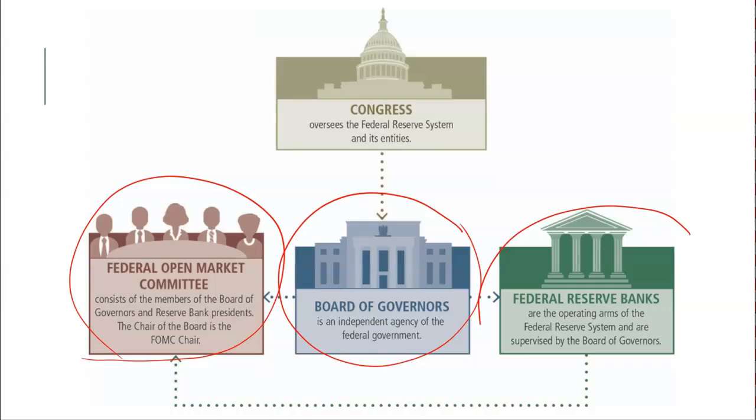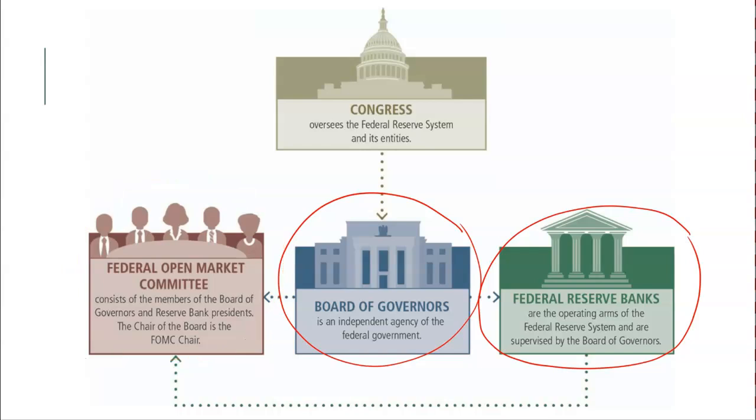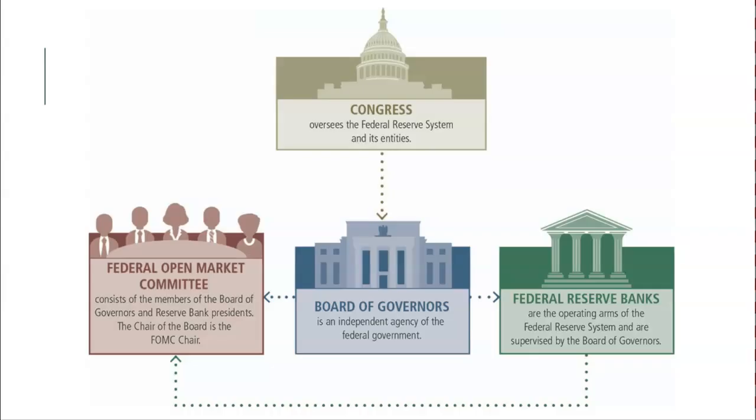And then the Federal Reserve Banks, the individual regions, they have their own main bank. It's the operating arm of the Federal Reserve System. And each of those are supervised by the Board of Governors. So there's a lot of separation of power, a lot of independence, so that people are not necessarily swayed by some of the politics, and taking that away potentially leads to better policies.